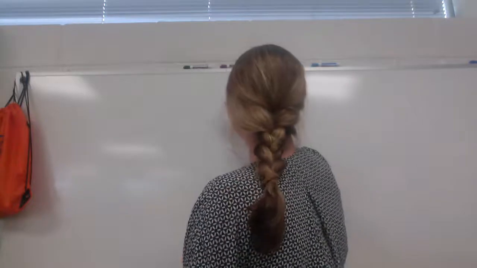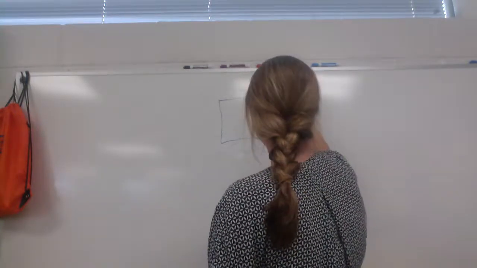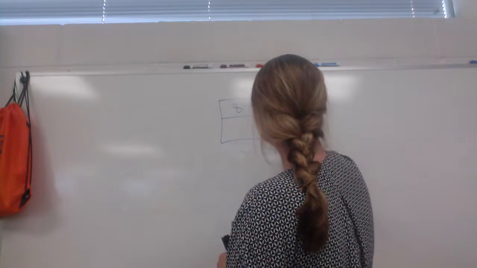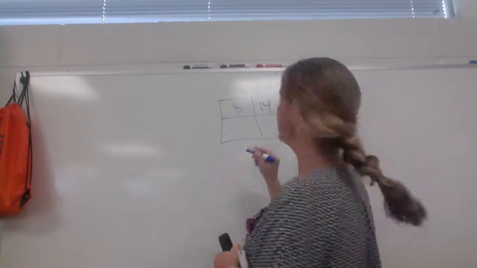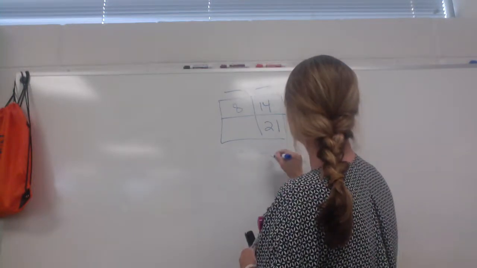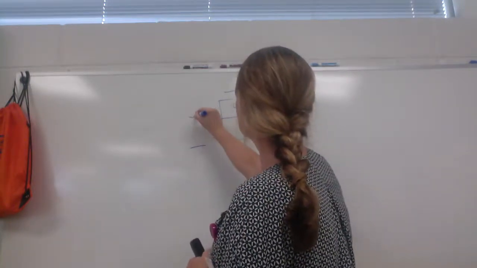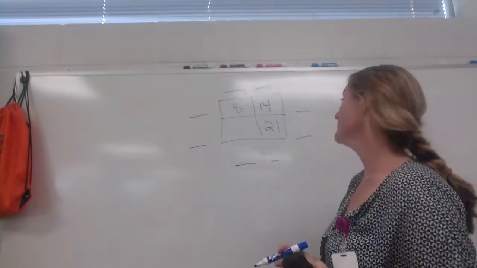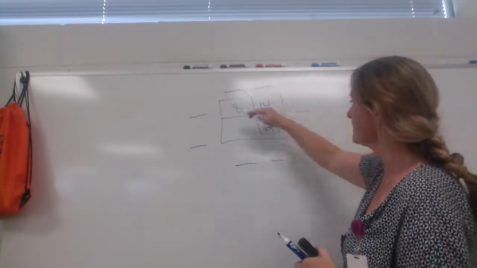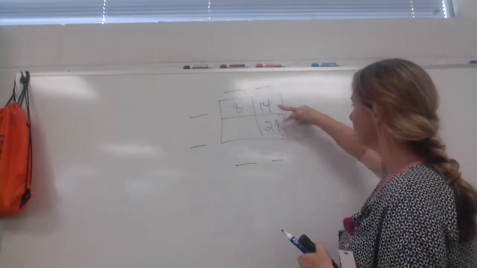All right, let's do 8, 14, and then 21. Then we've got all these little things coming off the sides. All right. So, let's kind of focus where we've got two numbers together. So we could do either 8 and 14, or 14 and 21.